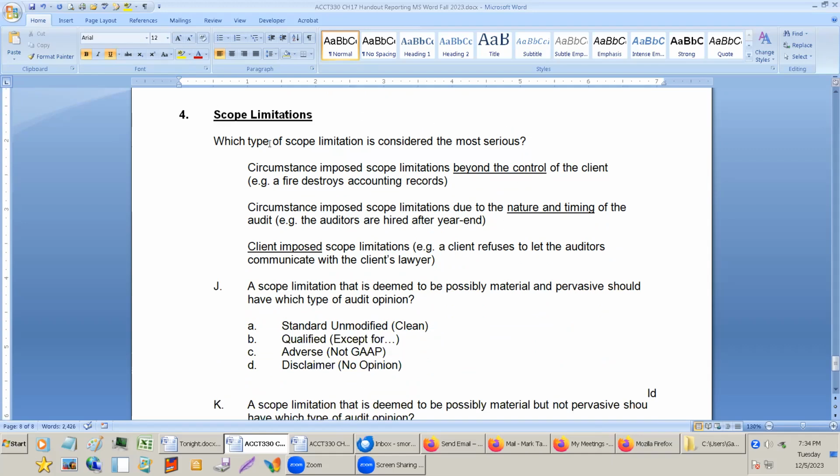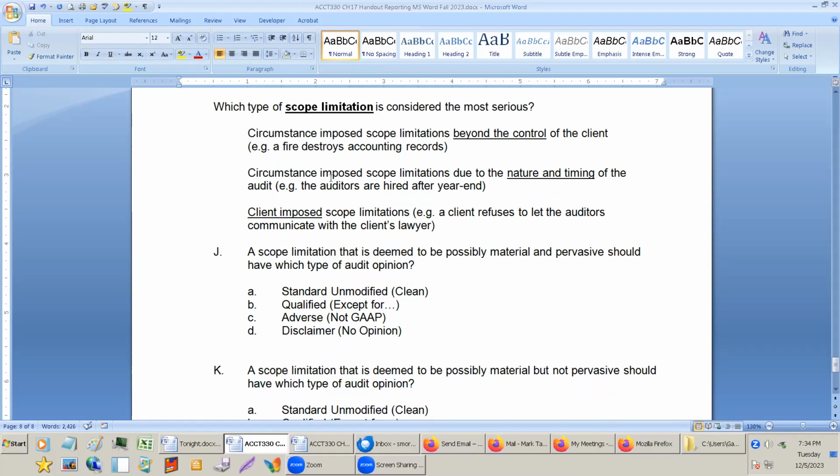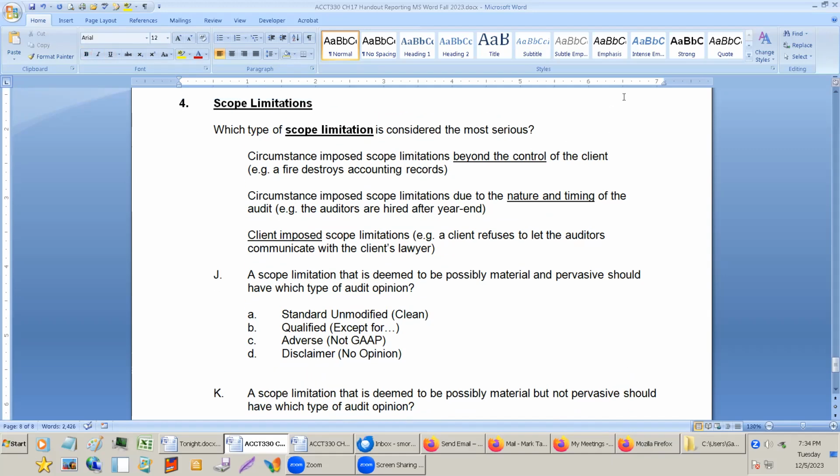Okay, scope limitations. Did I talk about these in the past? I thought I did. Maybe not. Okay, so scope limitations. These occur when you can't get enough information. Your scope, what you're looking at, you can't get enough of it. So it could be that you can't talk to their lawyer. It could be that they had a fire and all their accounting records got burned up.